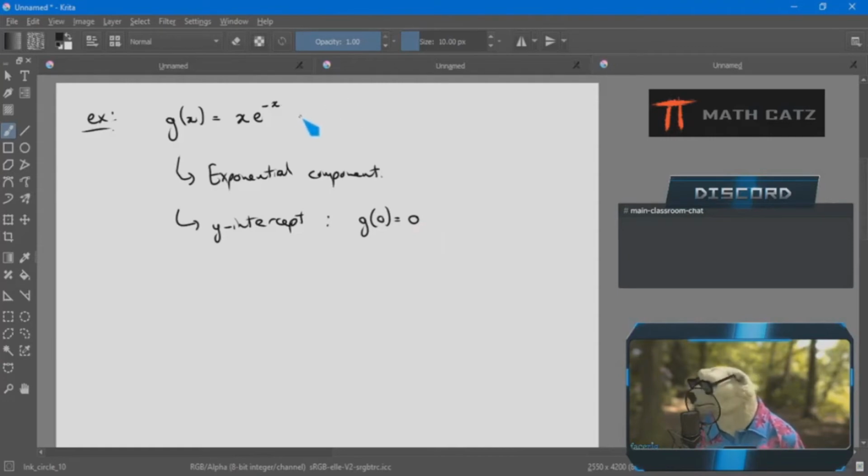Now we'll see, I want to make a note of this because it's going to make my life easier later on very often. I don't have to work with the function in its original presentation. Because I see e to the negative x, I could write this as x over e to the x. My personal preference very often is to avoid negative exponents or exponents that look negative, like this one.